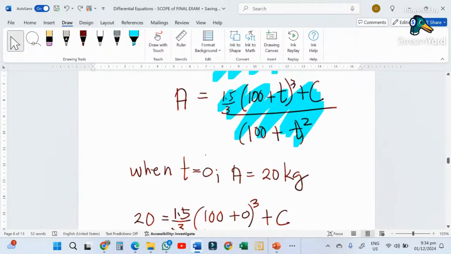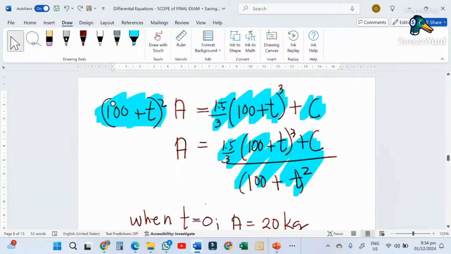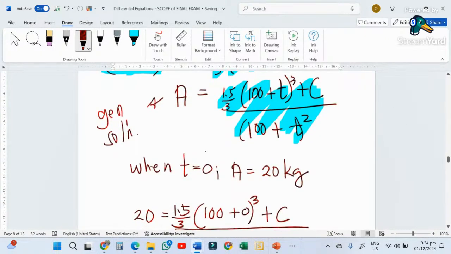Now, what you're going to do next is to find C. This is the general solution. Now you have to find the value of C when t is 0. So when there's no pouring in yet and no outflow discharge, that is when t is equal to 0, the initial condition. A is equal to 20 kilograms.